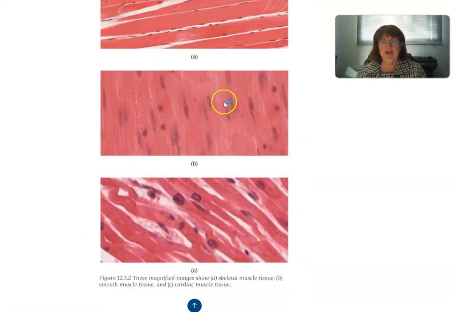So when we talk about the next one, which is smooth muscle, which is B, smooth muscle is very smooth. Can't really see it well in this one because it doesn't have the detail we need, but it usually has little spindles in it.